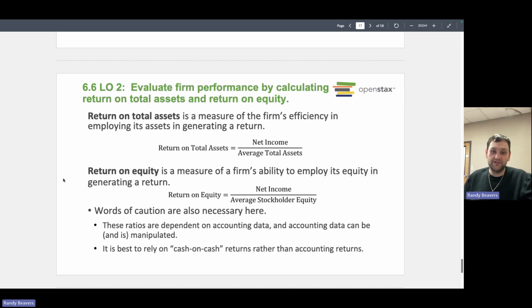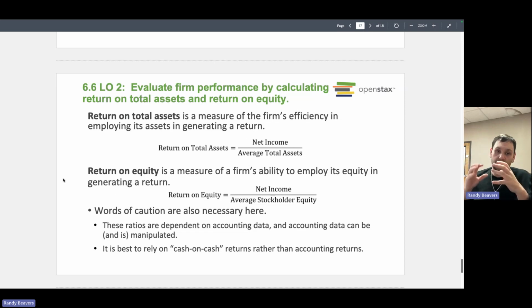Note again, average, that's just taking into account the total asset data from your last period and one prior period. And the same with average stockholders' equity, averaged with the previous period. So basically the last period plus the period before, divided by 2, that's your average.